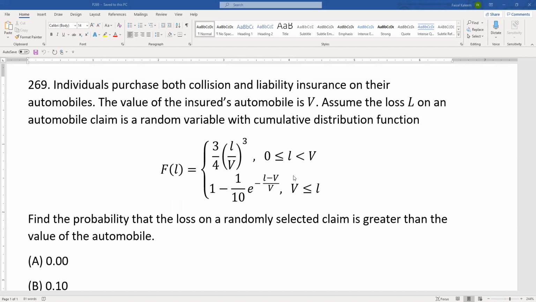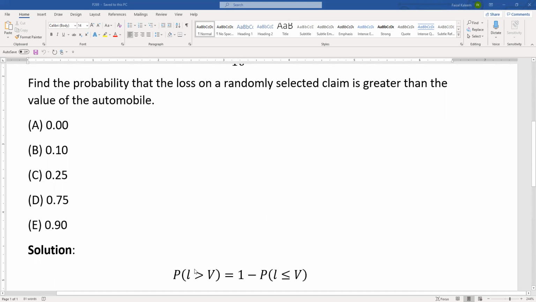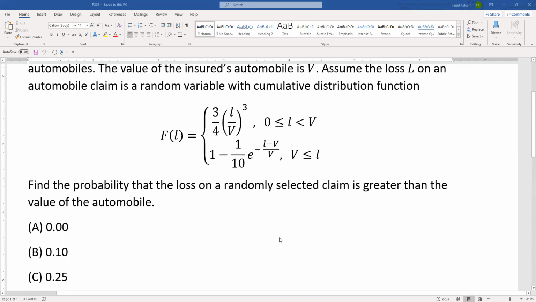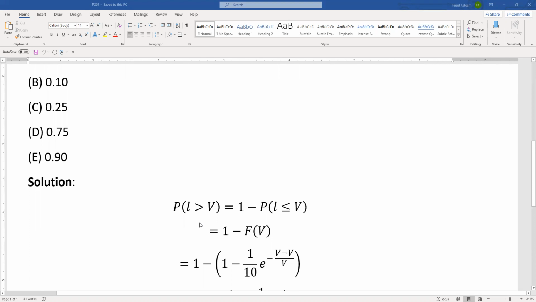So the loss is L and the value of the automobile is V. So we have to find the probability that L is greater than V. Okay, so we should call it big L here.